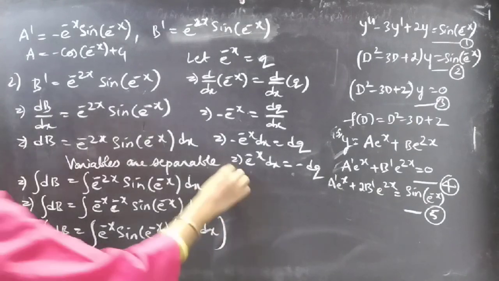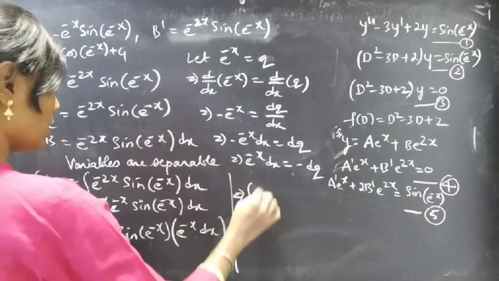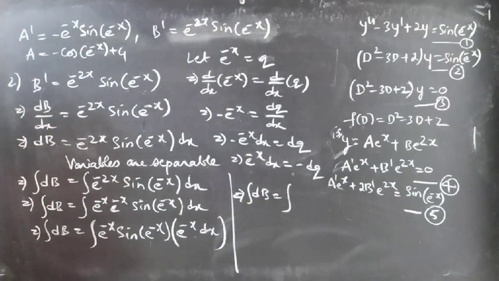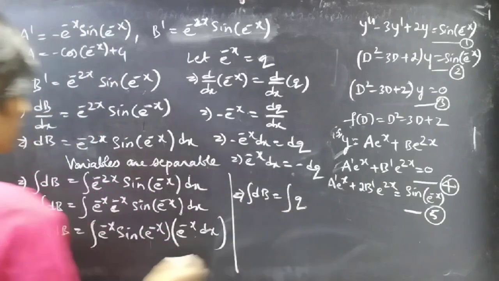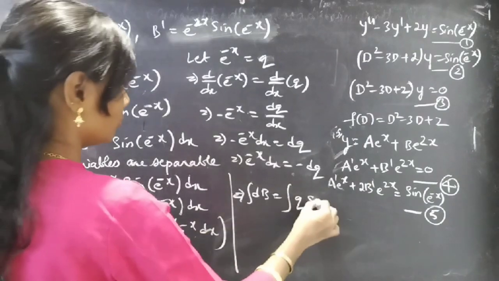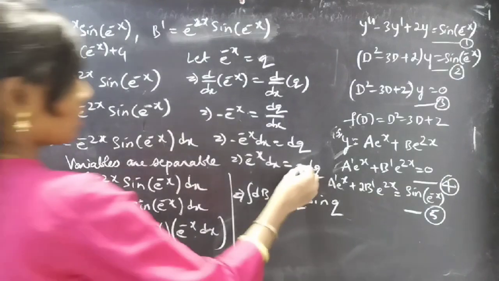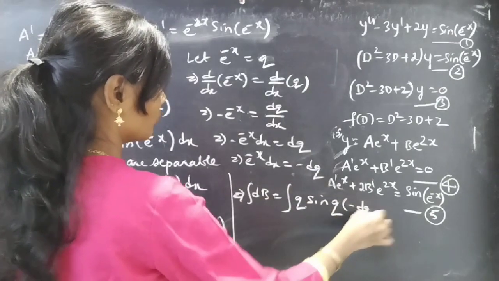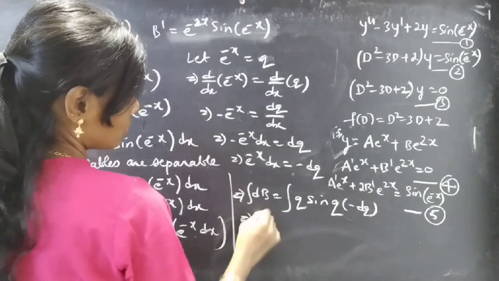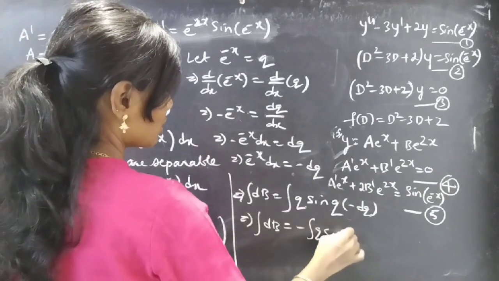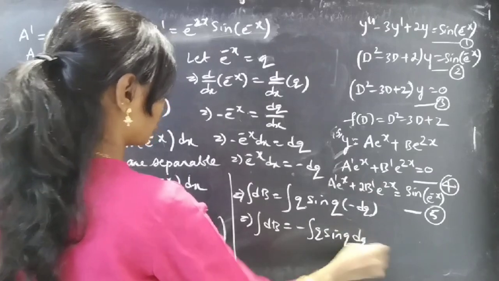Then this becomes integral dB equal to integral e power minus x, replace e power minus x with q, we'll get q into sine q into replace e power minus x dx with minus dq, right? This gives us integral dB equal to minus integral q sine q dq.